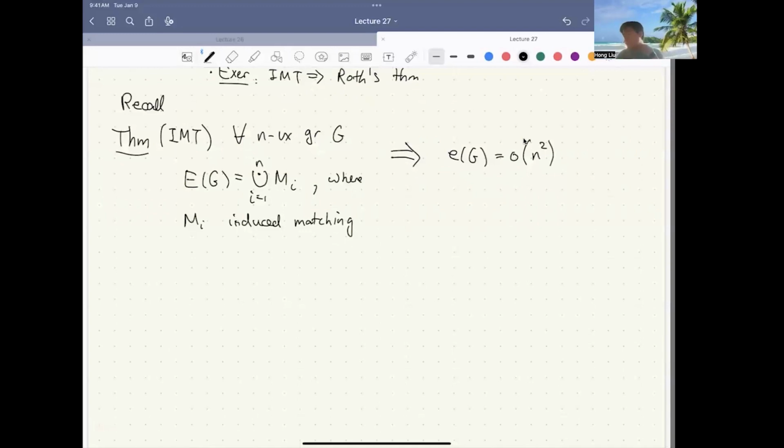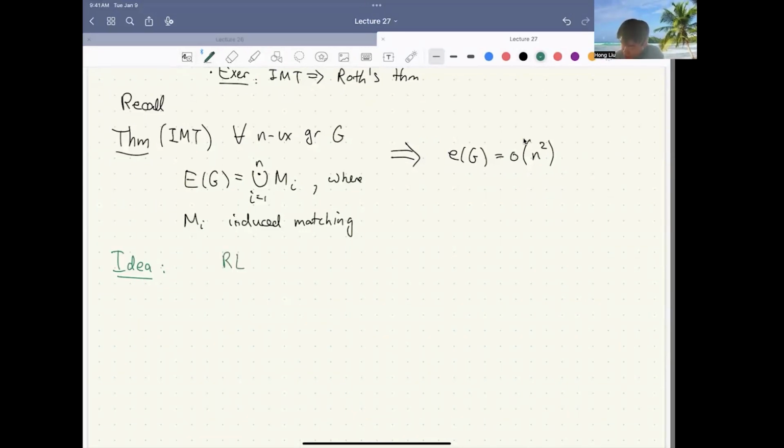So, proof. Before we give the proof, let me briefly say the idea. We'll see the details later. The idea is that after some cleaning of the graph, you apply the regularity lemma.